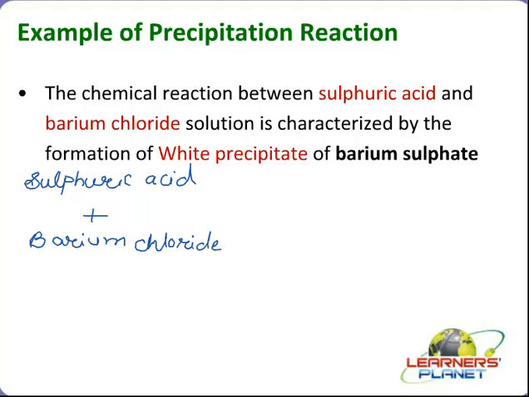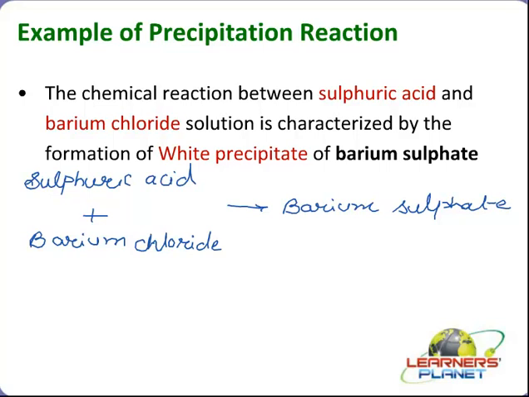Now what is the new product formed here, students? It is barium sulfate. Now how will it be seen that barium sulfate has been formed? It gets precipitated or settled at the bottom of the test tube. Right? So again, as you see that precipitate is formed, it can be concluded that the reaction between sulfuric acid and barium chloride has taken place.